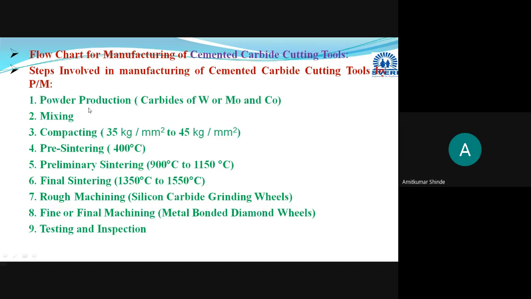And you have to mention in the powder production stage that all these powders, tungsten carbides, molybdenum carbides, and cobalt powder, are manufactured with the help of chemical processes only.